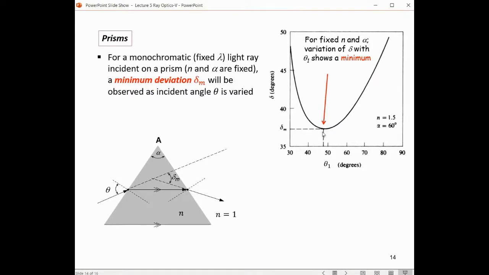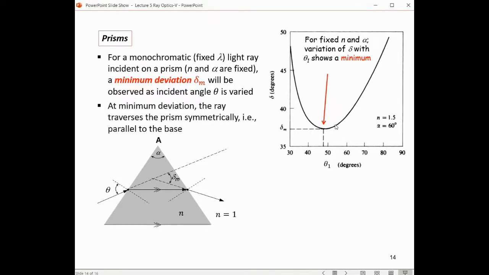And this, we will call the minimum deviation angle. After which, as the incident angle is increased further, the deviated angle will start to increase instead.